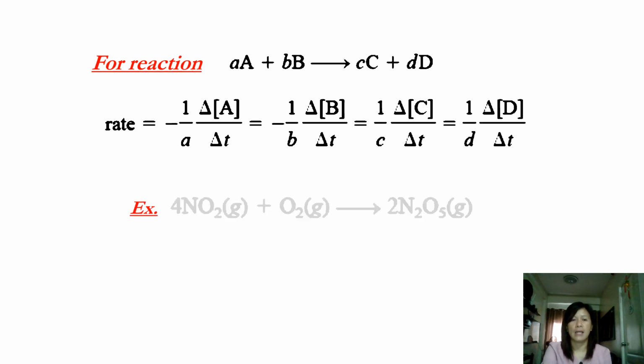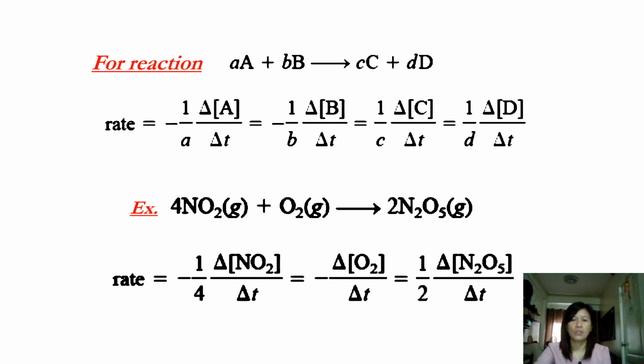Let's have an example. So we have 4 moles of nitrogen dioxide gas reacting with 1 mole of oxygen gas to produce 2 moles of dinitrogen pentaoxide gas. So for the rate expression, we have negative 1 over 4. 4 is the stoichiometric coefficient of the reactant nitrogen dioxide.